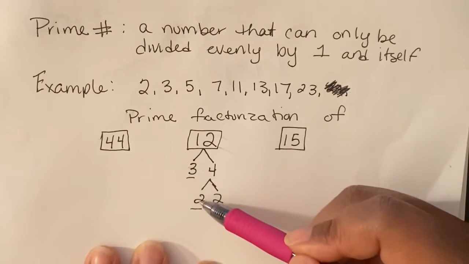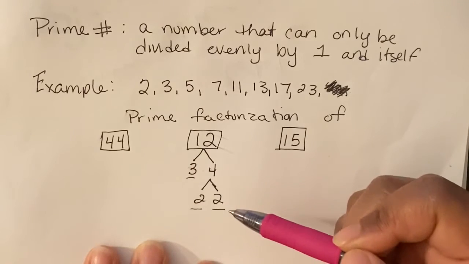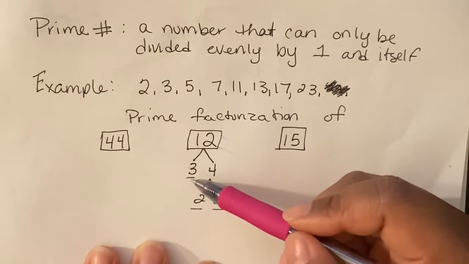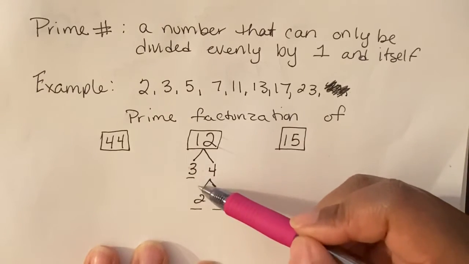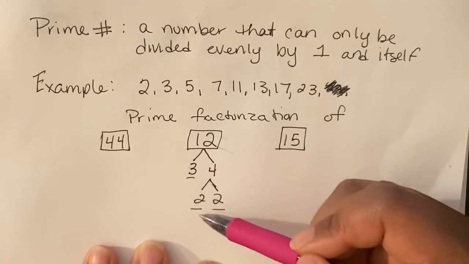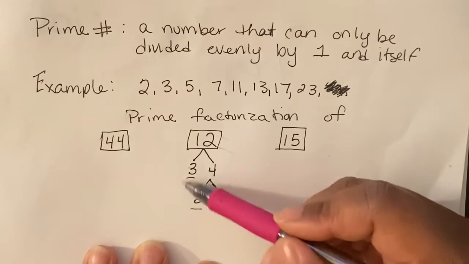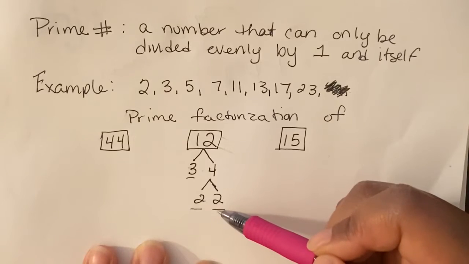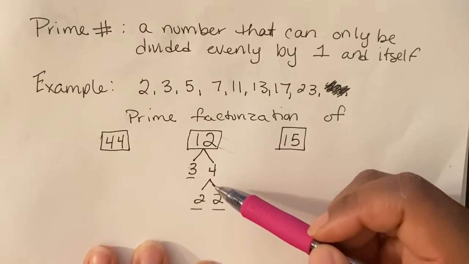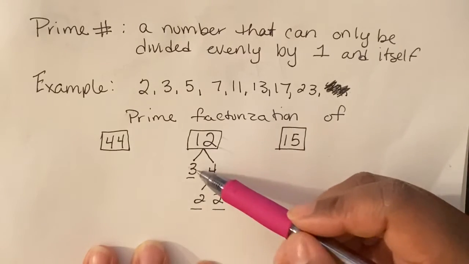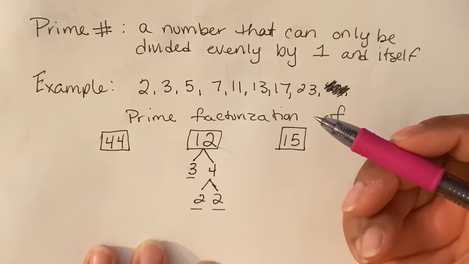Eventually, you're going to end up with all primes. 3, 2, and 2 are all primes. That's why they're underlined. Once you're ending up with the primes, then you're done because you cannot divide these numbers anymore. These don't have any other factors other than 1 and itself. Okay. So now I have my prime factorization of 12.